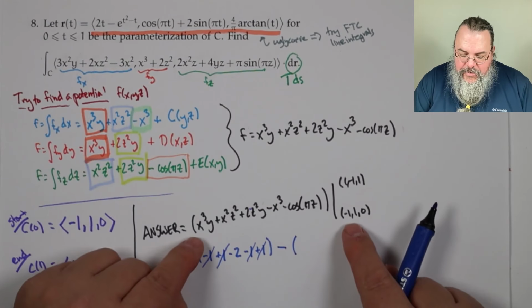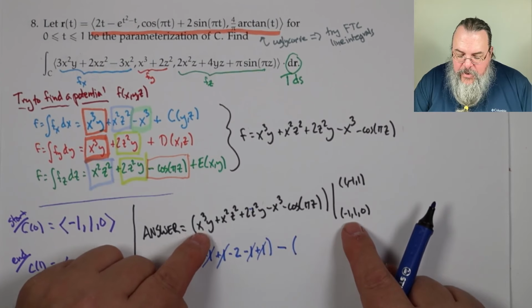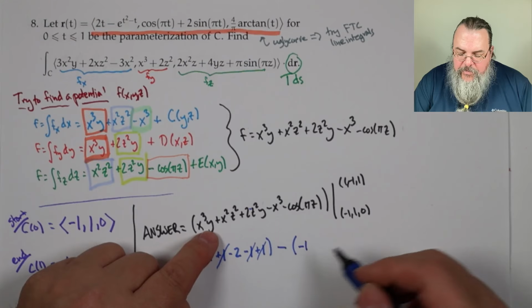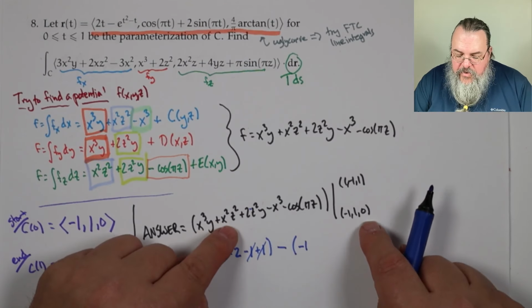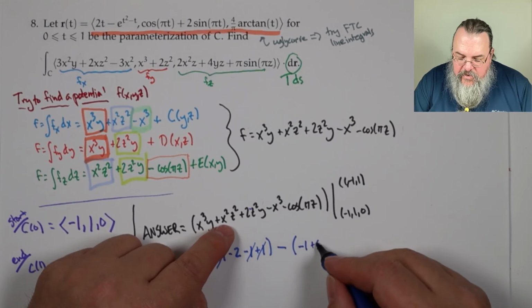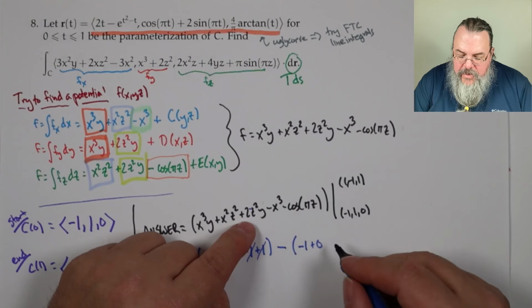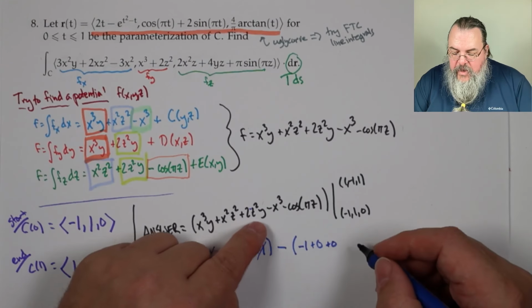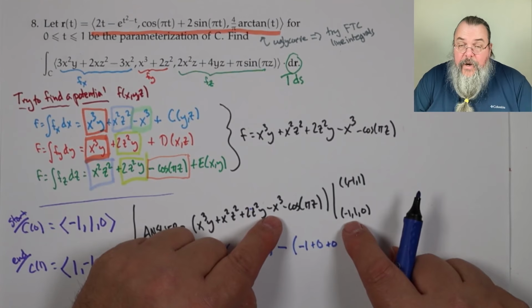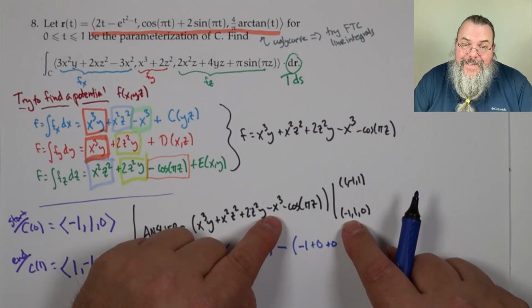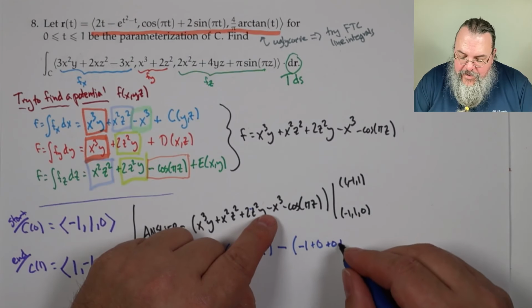Now we're going to go through and do this again. Minus 1 cubed times 1 is a minus 1. Minus 1 squared times 0 is 0. 2 times 0 squared times 1 is 0. Then we're going to subtract minus 1 cubed. Well, minus 1 cubed is minus 1. Subtracting that makes that a plus 1.